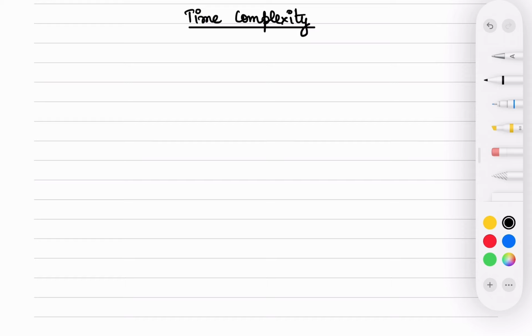But this generic definition for time complexity doesn't fit in terms of programming languages.